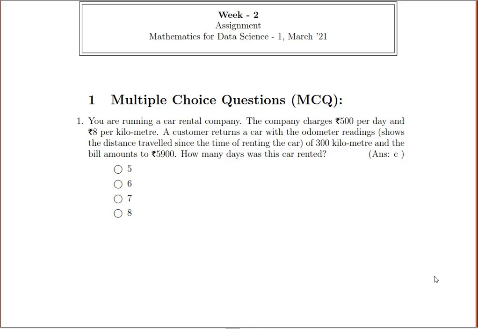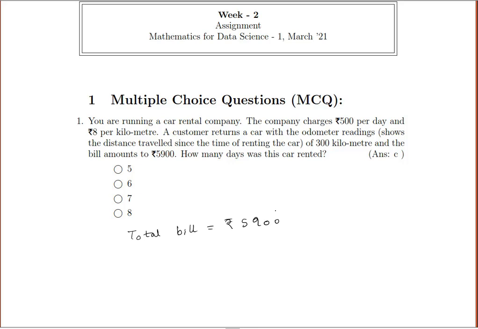So the total bill is rupees 5900. So how many days was this car rented?